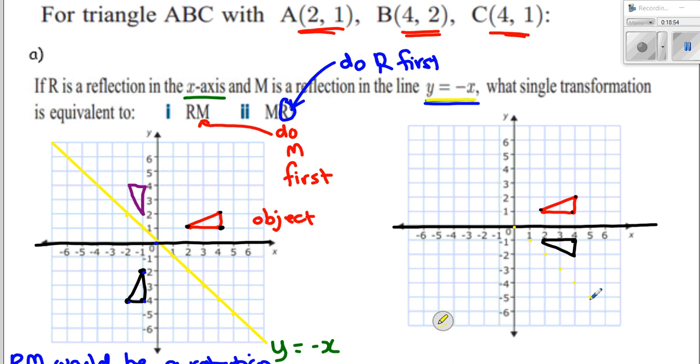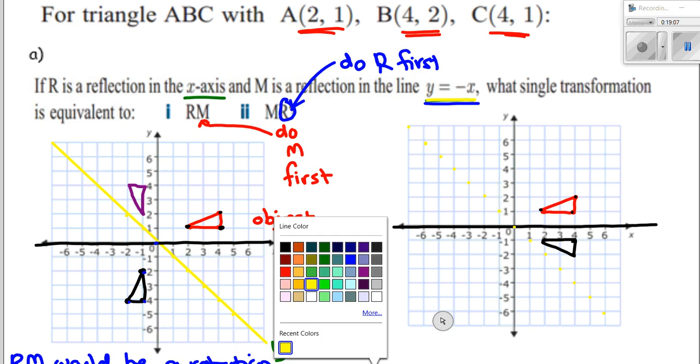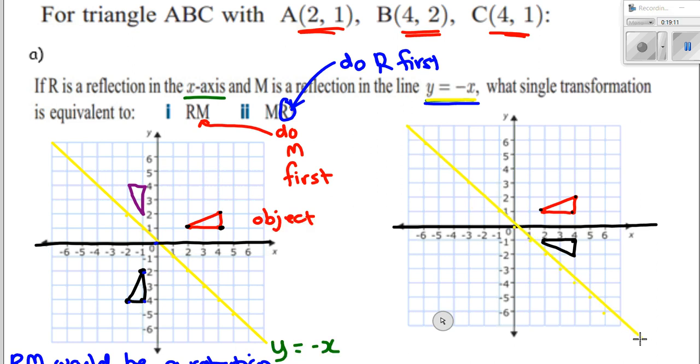So you might want to plot this line and draw it faintly if you want. Definitely whenever you do these, please use something erasable, like erasable pen or pencil, because this is a bit of a nightmare if you have to cross it all out and do it again, and write over something you've done already. So let's mark in our mirror line for this particular transformation.